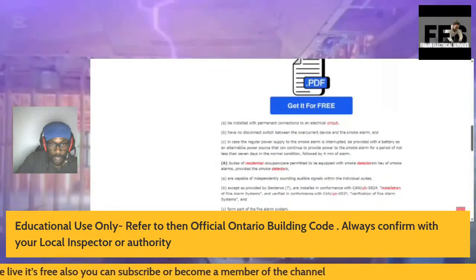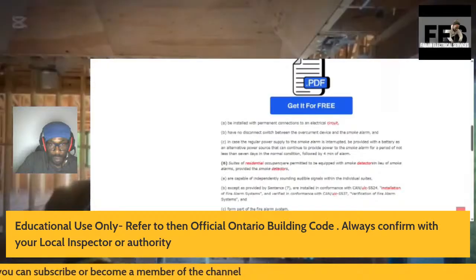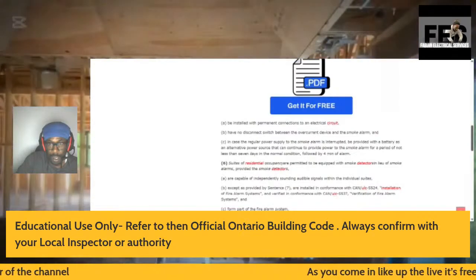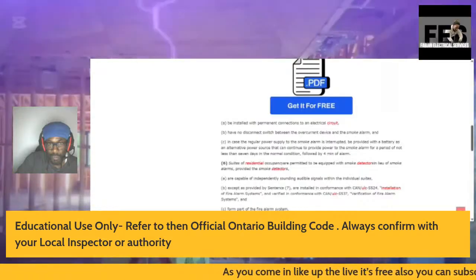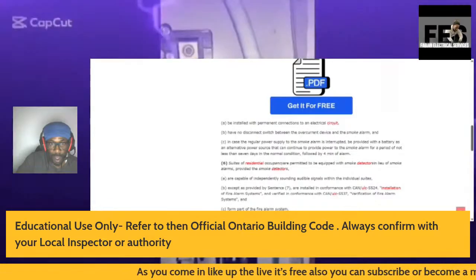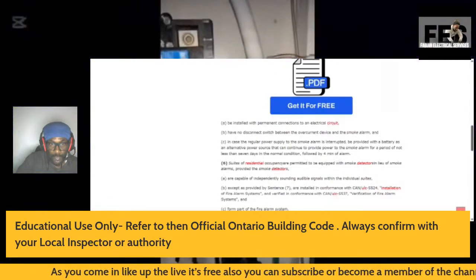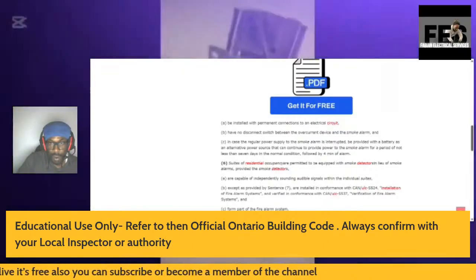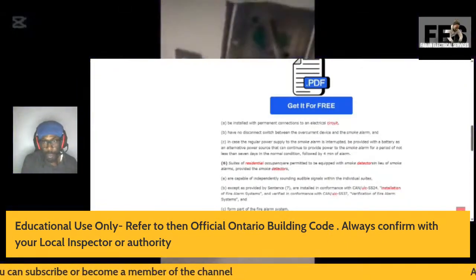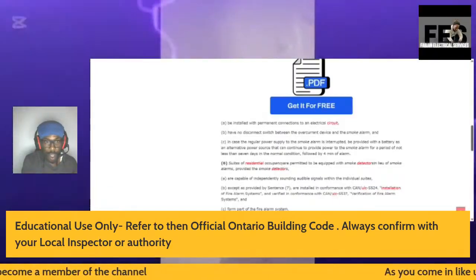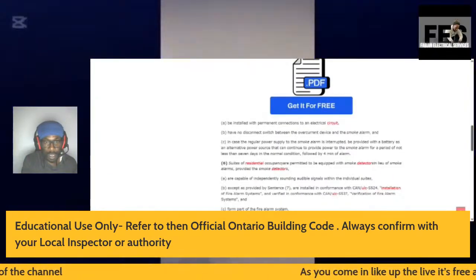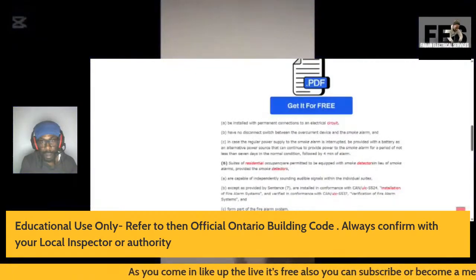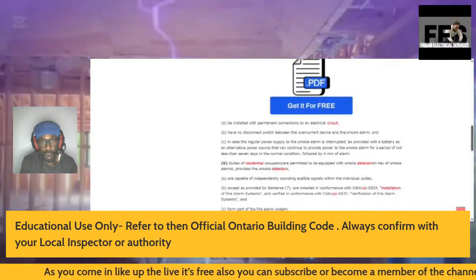So in case the regular power supply to the smoke alarm is interrupted, be provided with a battery as an alternative power source that can continue to provide power to the smoke alarm for a period of not less than 7 days in the normal condition, followed by 4 minutes of alarm.